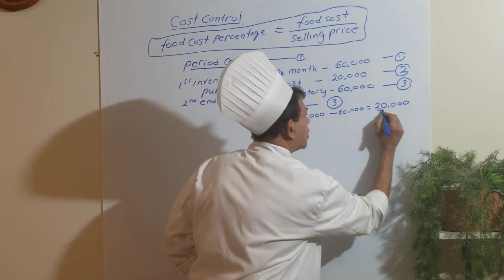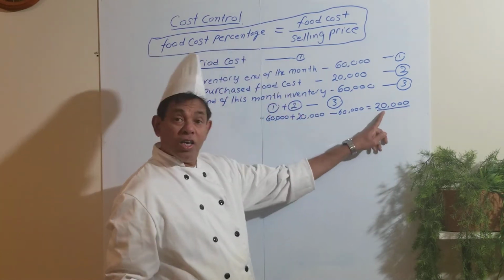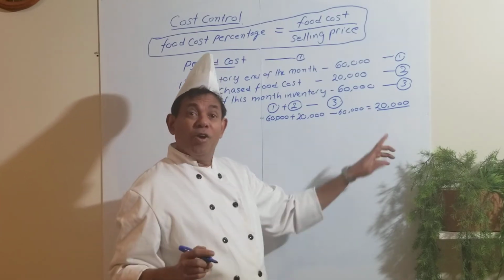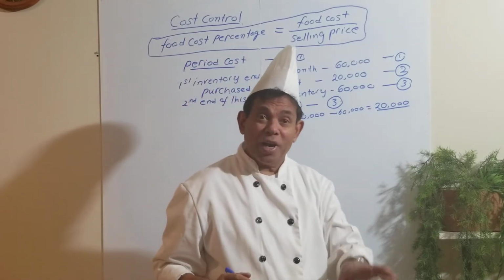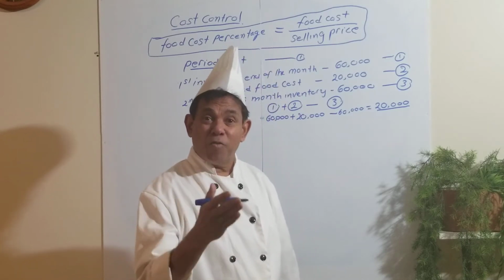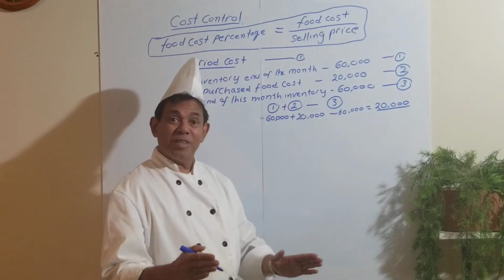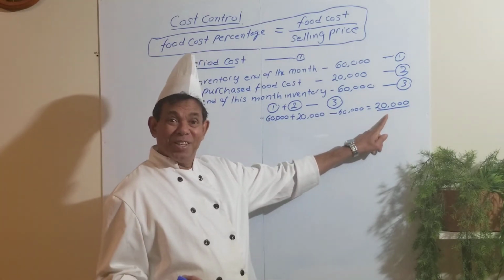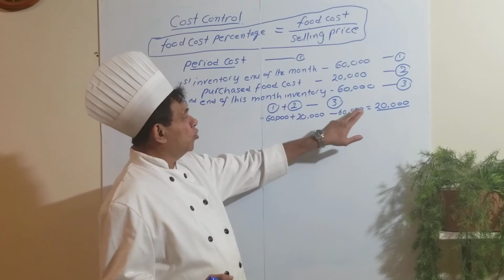This 20,000 dollars is the cost of the food which I took from the storage for my selling purposes. That is my food cost. This particular month I have used that much value. Now it is very clear how to get that.